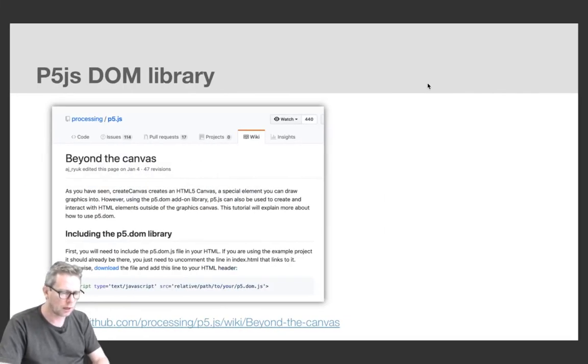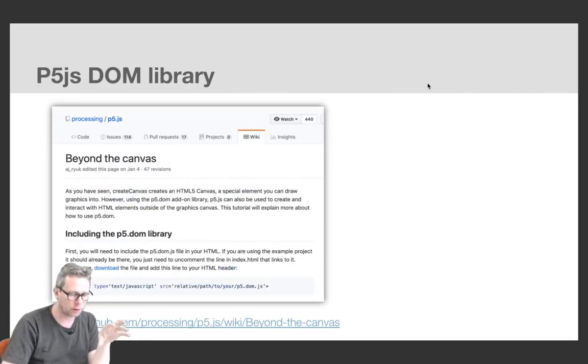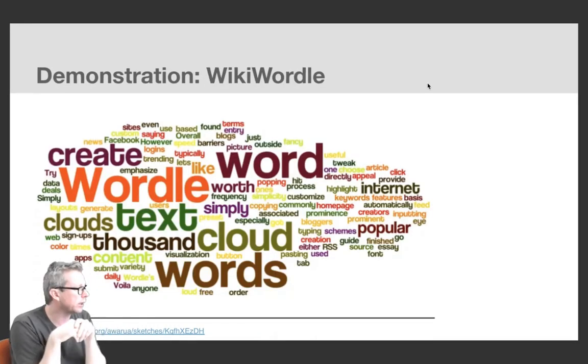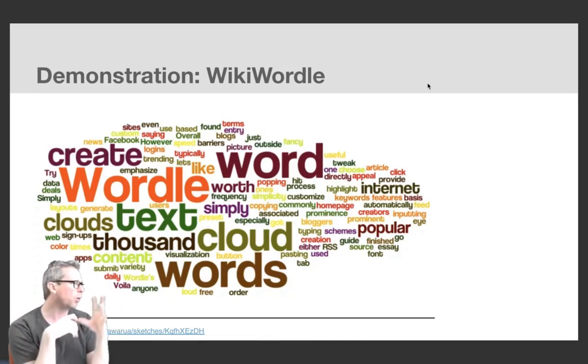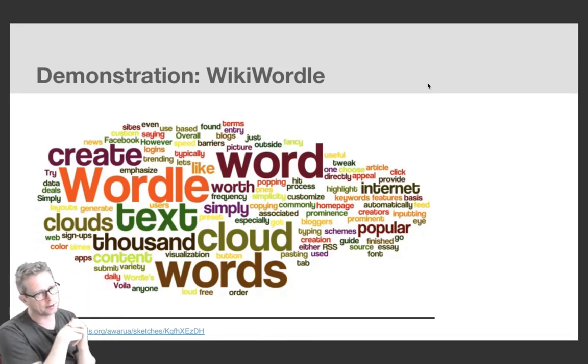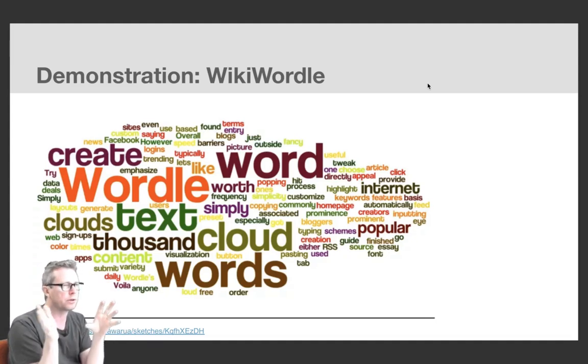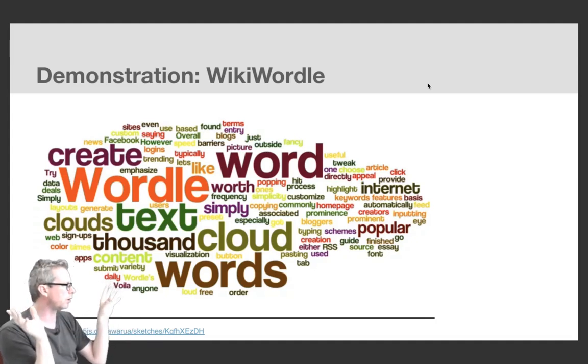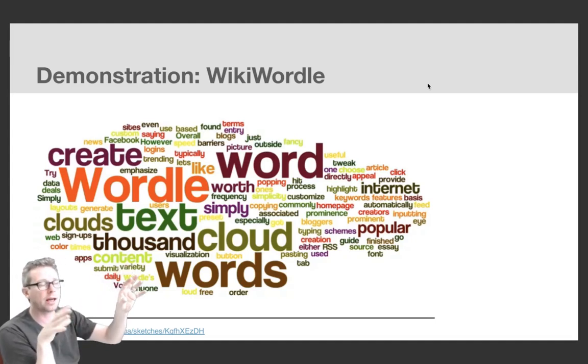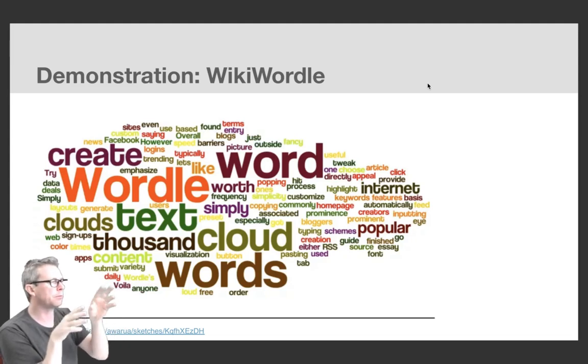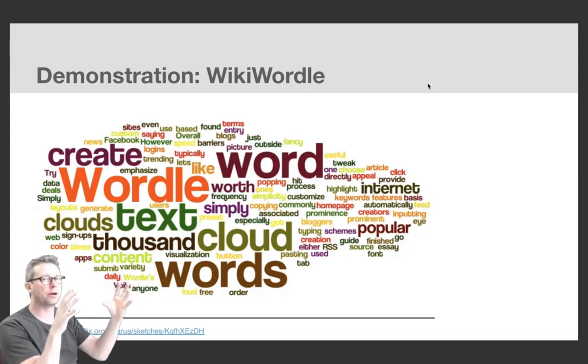And so I'm going to be using the P5 DOM library, and what I want to do basically is create a Wordle. If you haven't heard of it before, a Wordle was a simple visualization of word frequency in bodies of text. So basically what you would do is go to some website, I don't know, wordle.net or something, and upload a document or some text, and it would go through and count up the number of times each word appeared, and then generate this sort of cloud of words.